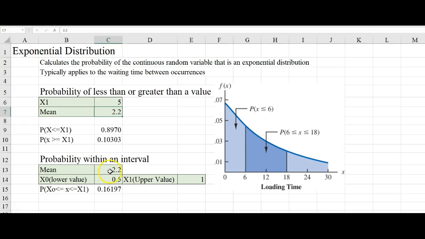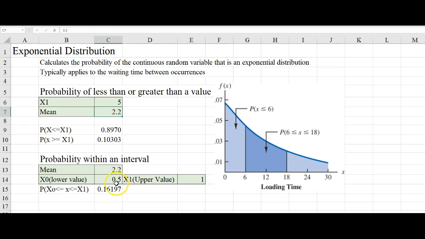So to determine the probability of the wait time being between 30 seconds and 1 minute, we use the section of the tool that has probability within an interval, type in the mean, and the lower value, 30 seconds, is simply half a minute.